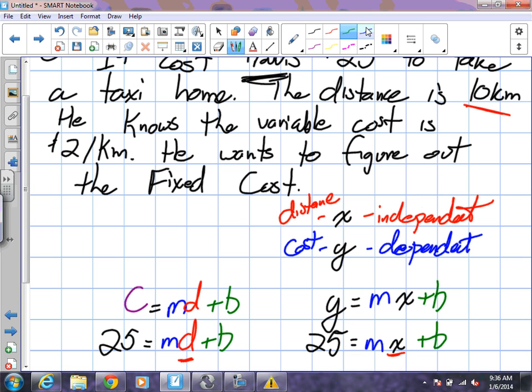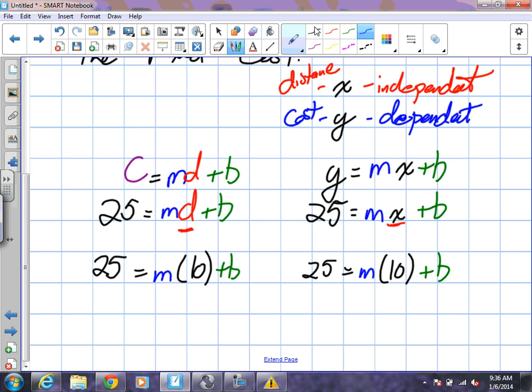Depending on how many kilometers we drive, it costs us $2. So that's our slope. Our slope is 2. So 25 is equal to 2 times 10 plus B. Or in this case, 25 is equal to 2 times 10 plus B. Now we've got the exact same equation.